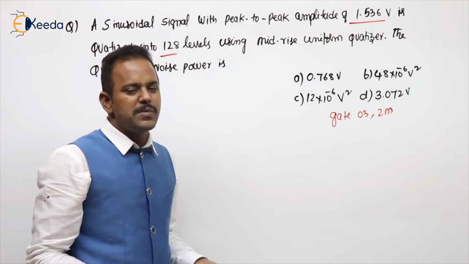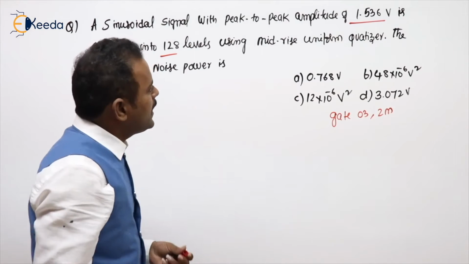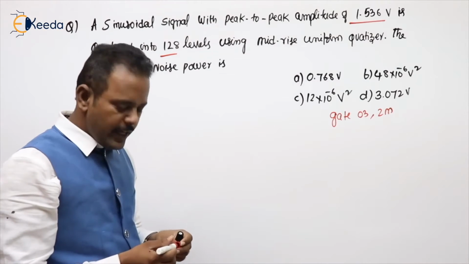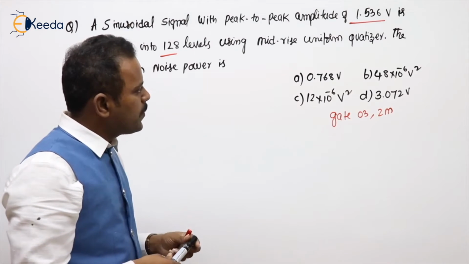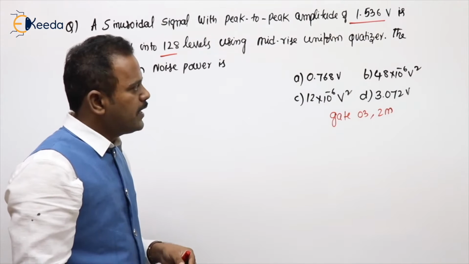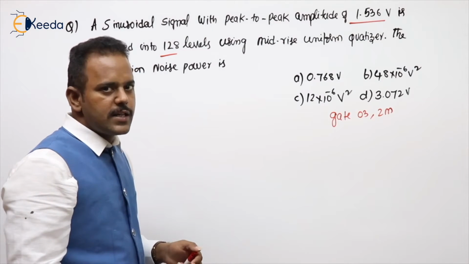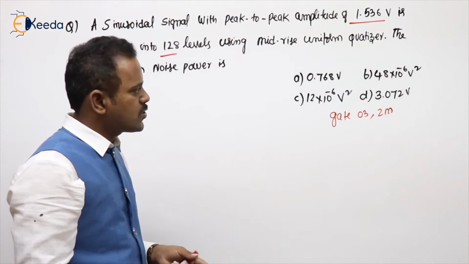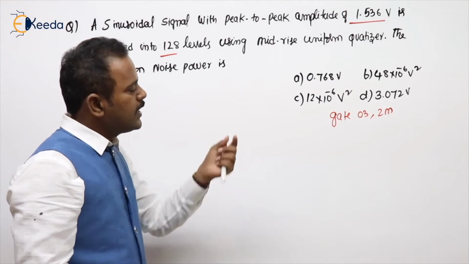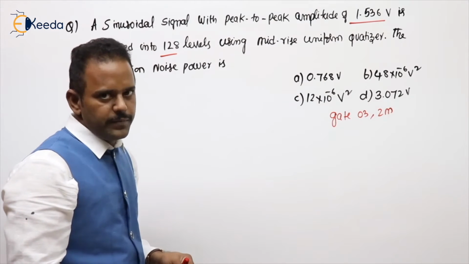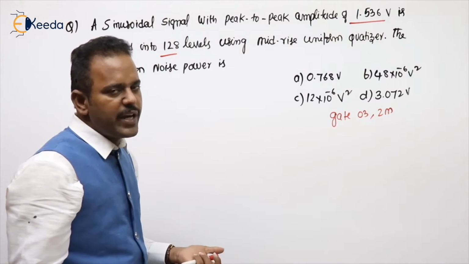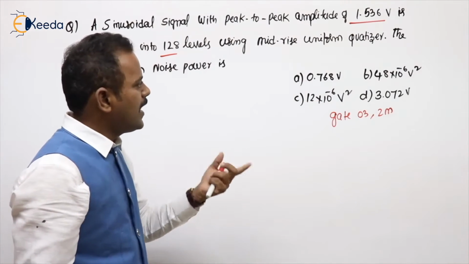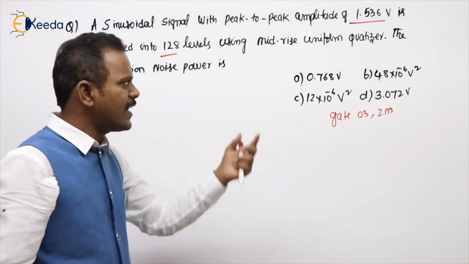Like, we have two types, mid-thread and mid-rise. For the mid-rise uniform quantizer, the quantization noise power is, the given options are: option A 0.768 volt, option B 48 into 10 power minus 6 whole square, option C 12 into 10 power minus 6 whole square, option D 3.072 volt. By seeing the options itself, 2 we can avoid, because noise power means a whole square will be there, so either B or C. That is 48 or 12.